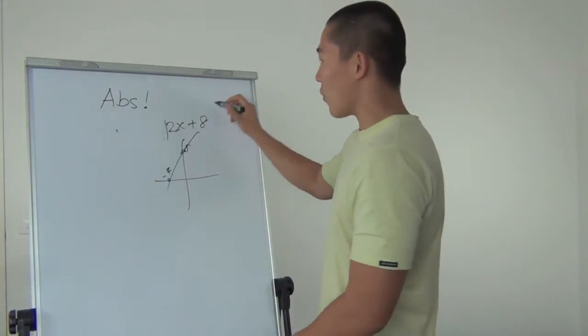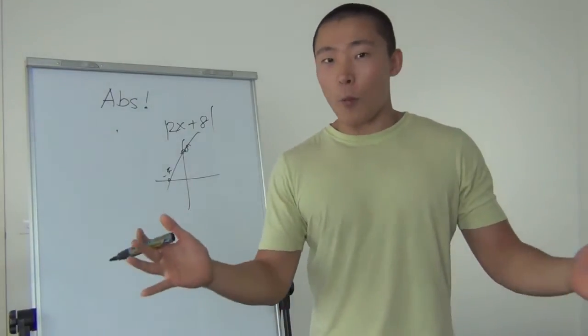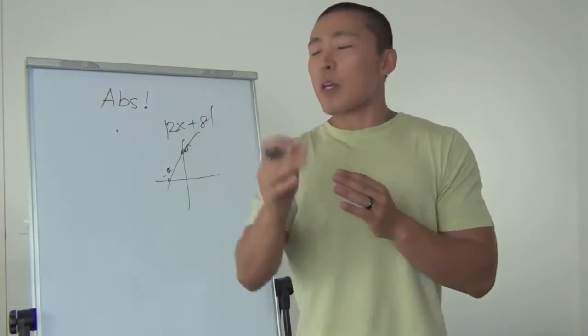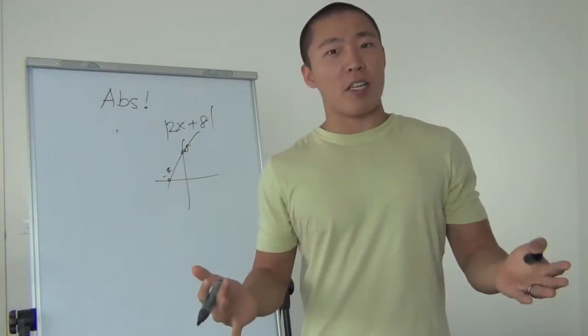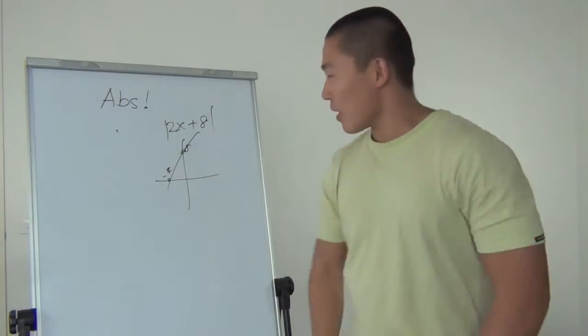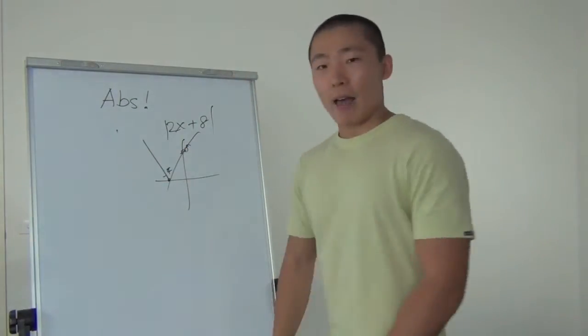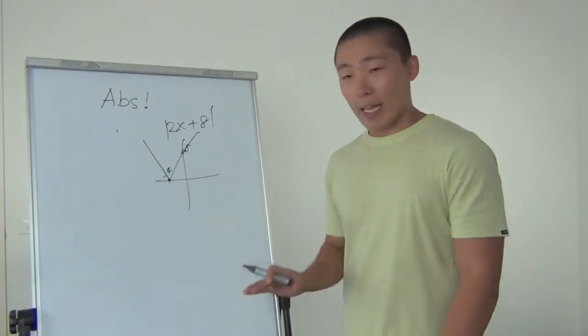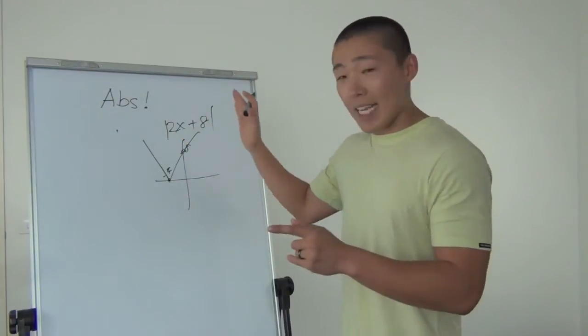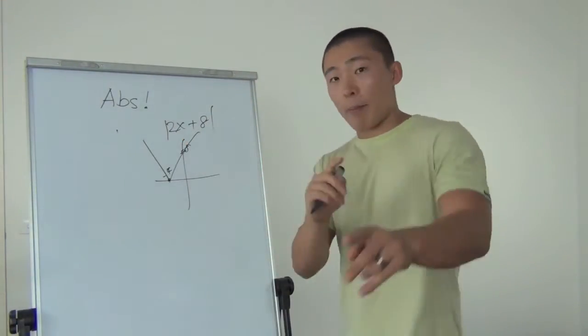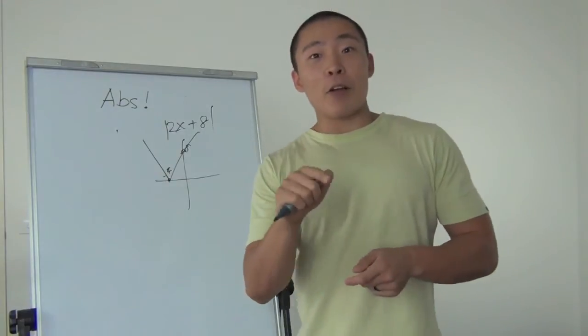Now, we're going to take the absolute of the whole thing. What happens? It bounces back up because everything inside the absolute must be positive, right? So it goes back up like that. That's all there is. Everything inside the absolute stays positive. By the way, 0 stays as 0.